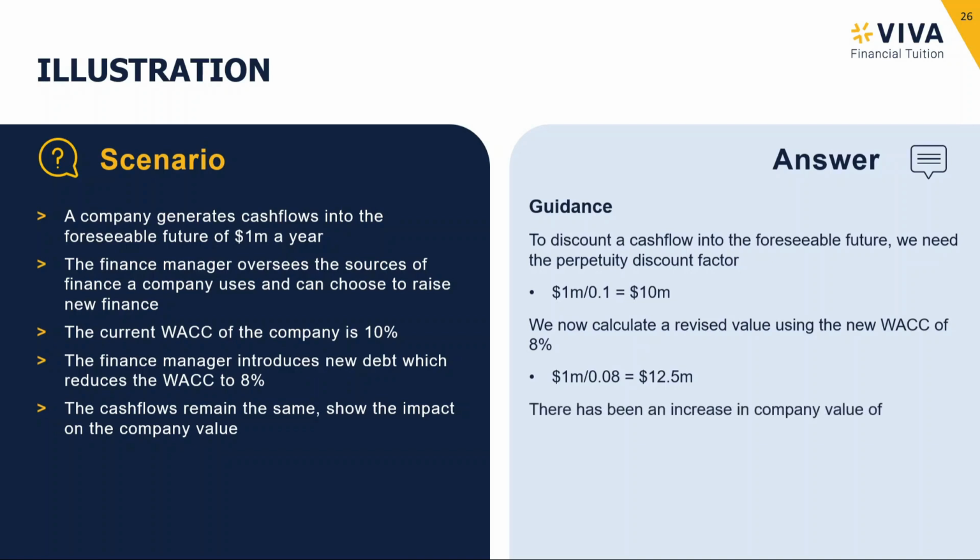So just by reducing the WACC, by raising some new debt, we've been able to increase the value of the company by 2.5 million. And shareholders are going to be really happy about this because they want to see the maximisation of their wealth. So we can see how important it is, just by reducing that WACC, how we can really benefit the shareholders and make them richer by maximising the value of the company.